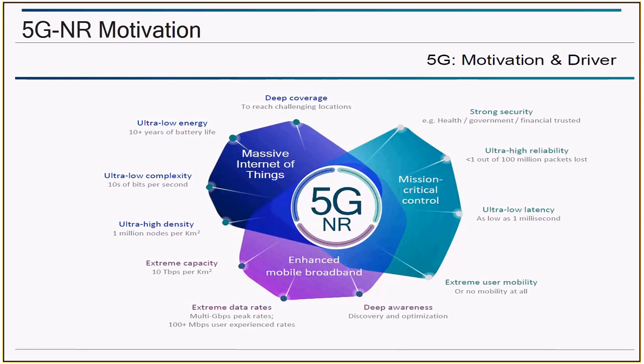LTE had a rigid 10 millisecond frame with 1 millisecond subframe, and if you had to go for a low speed technology, then you had to actually increase the slot or the subframe duration and increase the number of repetitions. 5G tries to address this with its flexible frame structure. The repetitions can be increased, but the frame structure doesn't need to be toggled with.